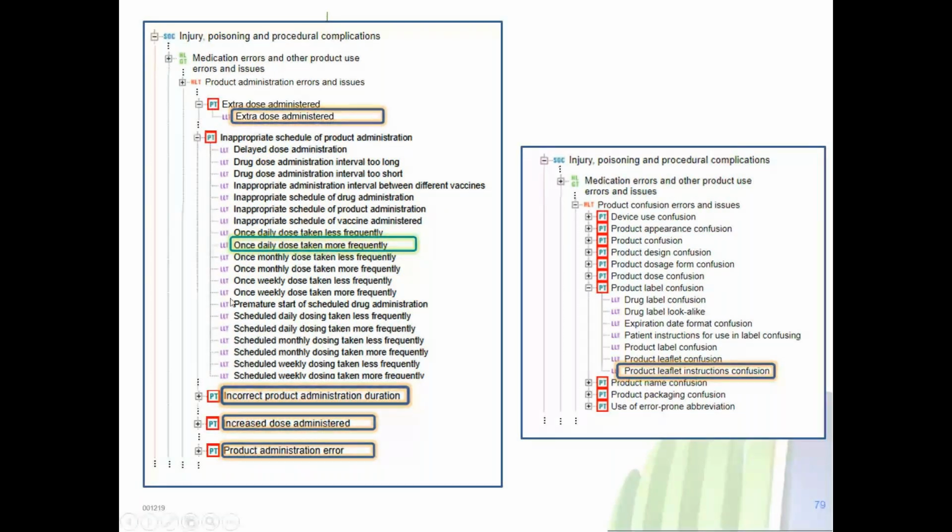And here, once daily dose taken more frequently would be the most specific term that we can find. Incorrect product administration duration would be inappropriate, any LLT underneath, because the duration of the treatment was correct. The single dose was not increased by the patient. He took the correct dose, but twice a day. And LLTs under product administration error would be much too vague.